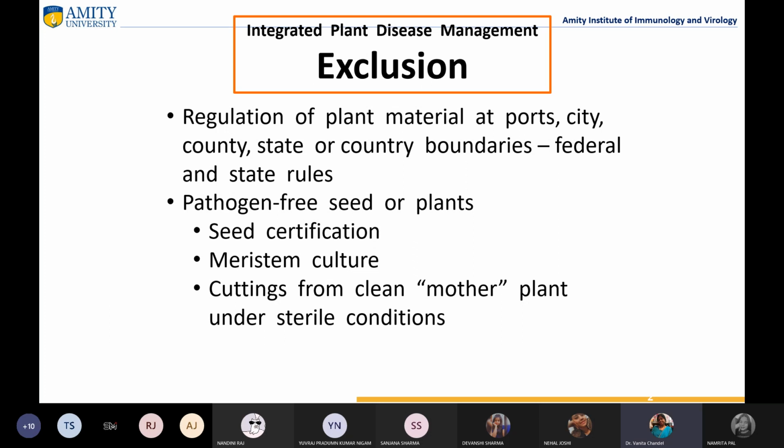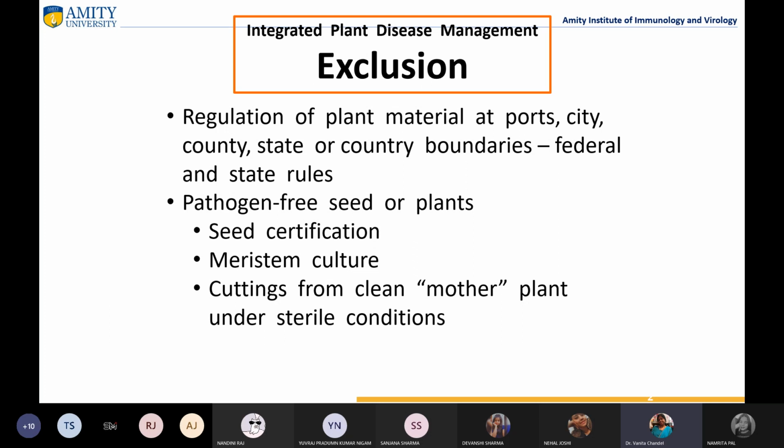So there are certain guidelines laid down by these agencies that on our own we cannot move planting material, because there are 90 to 100% chances that if a plant is affected or infected by a pathogen, that pathogen is going to move to the other part also where it is not already available.